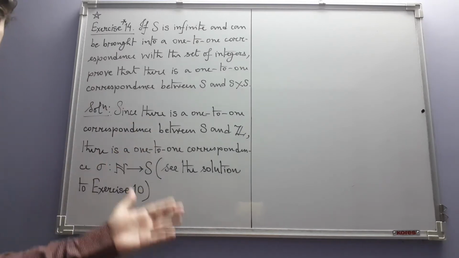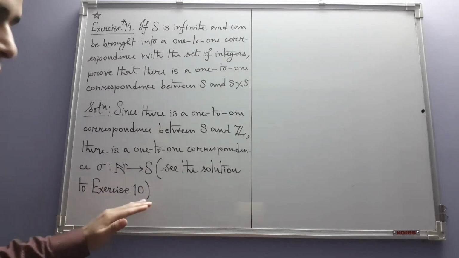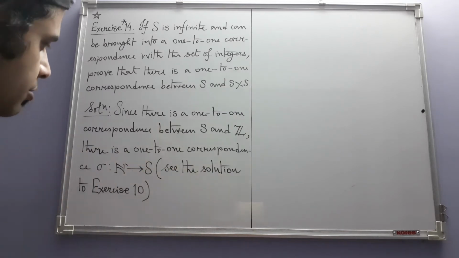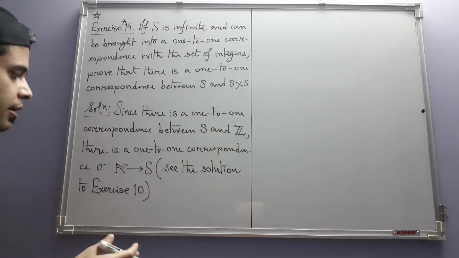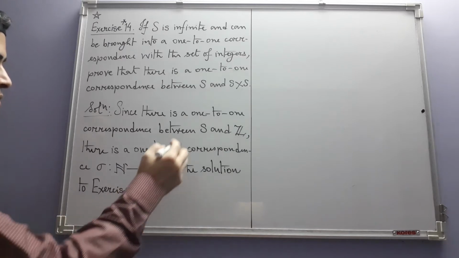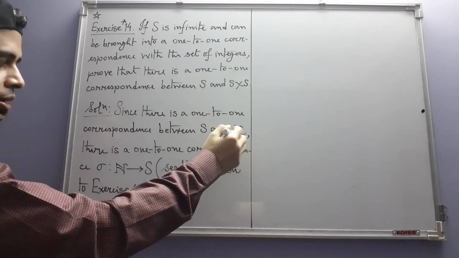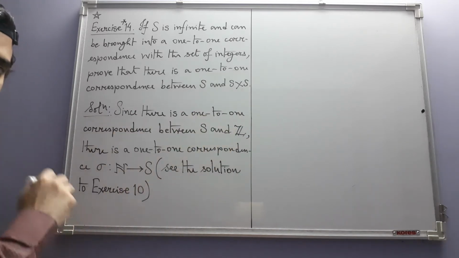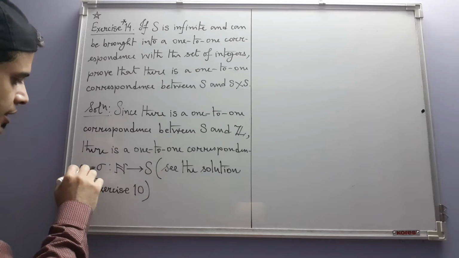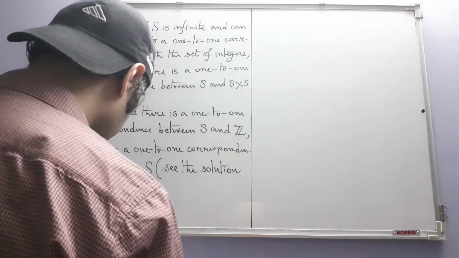There, something along the lines of whatever I have said just now is given in this solution. So basically here we are just using the fact that there is a bijective mapping between S and Z, and there is one between Z and N. So using these two things, we can set up a bijective mapping between N and S. Okay.